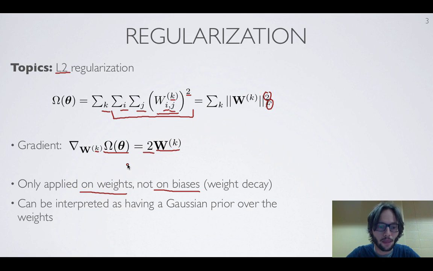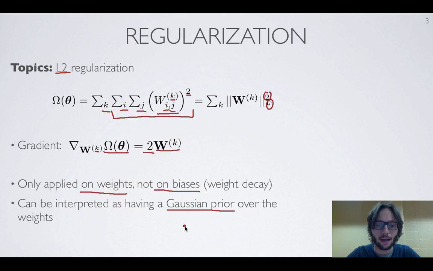for overfitting. And for those that are familiar with graphical models and the idea of probabilistic modeling, we can think of L2 regularization as a setting where we assume that the weights of the neural network came from a Gaussian prior. That's because of the square here.